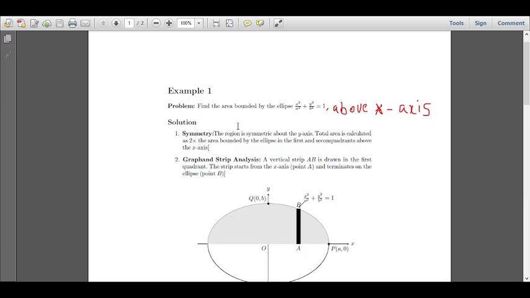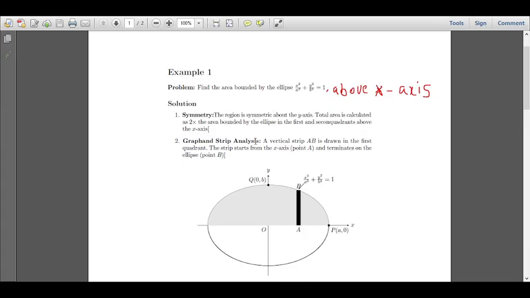Now, coming to the problem: find the area bounded by the ellipse x square by a square plus y square by b square equal to 1. Before going to draw the region, since our ellipse is x square by a square plus y square by b square equal to 1, the region is symmetric about the y axis. Why?